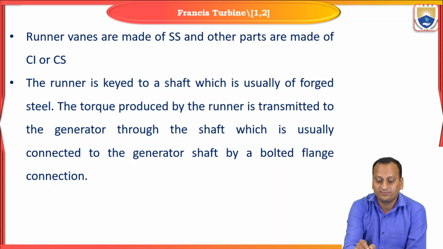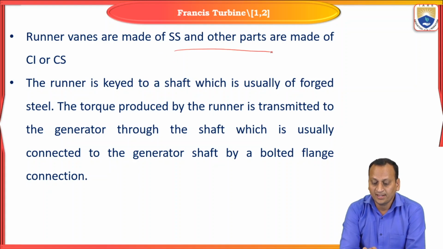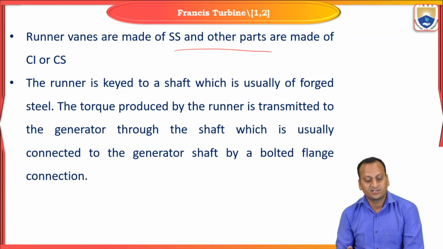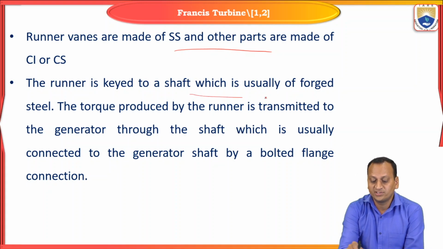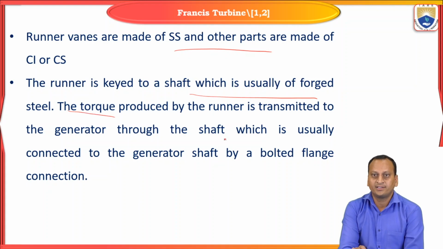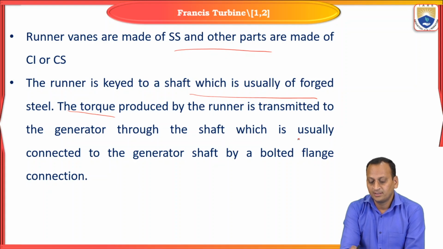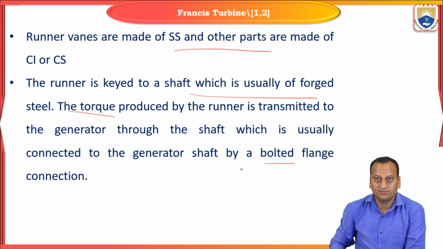Runner vanes are made of stainless steel, and other parts are made of cast iron or cast steel. The runner is keyed to the shaft, which is usually forged steel. The torque produced by the runner is transmitted to the generator through the shaft, which is usually connected to the generator shaft by a bolted flange connection.